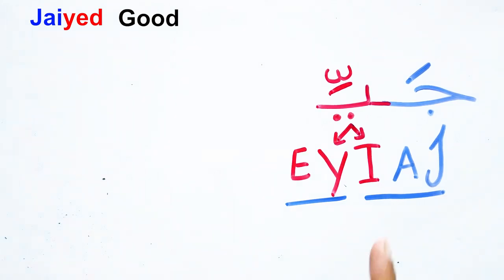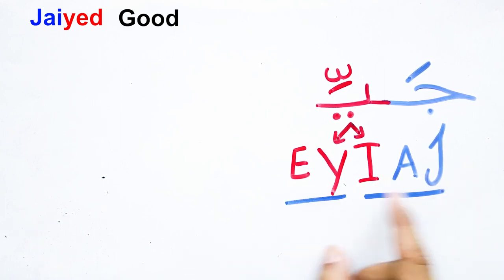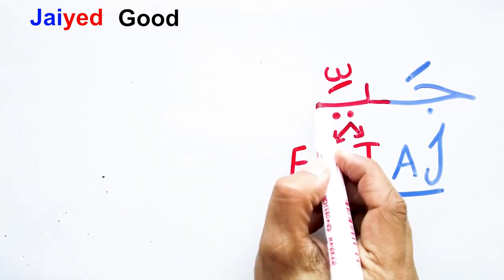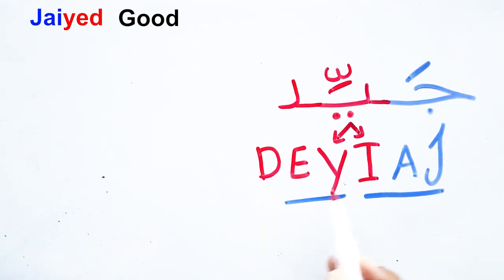The first time it went to the first syllable, and the second time it went to the second syllable. J. Jayyid. The sound of D in the end. So let's add it here. Yid. Jayyid. Just let me add a small piece of information here.